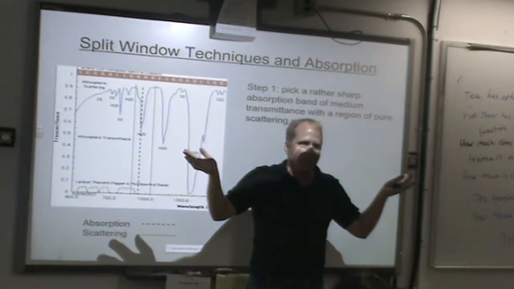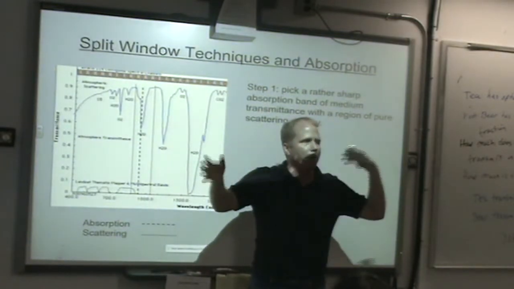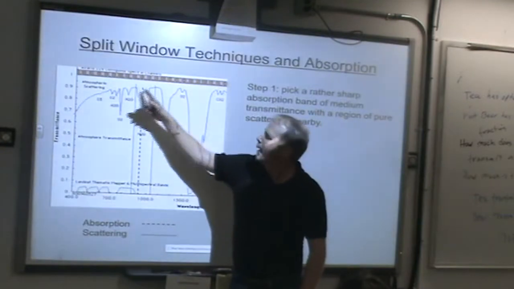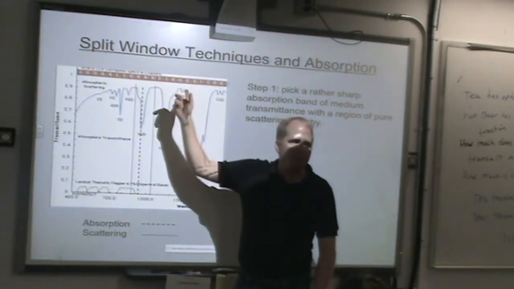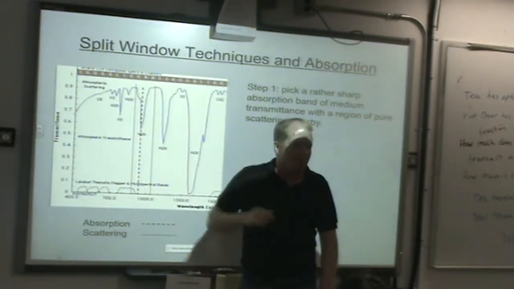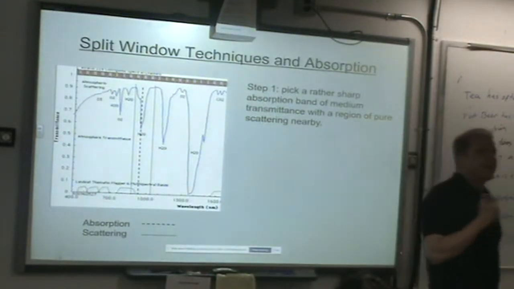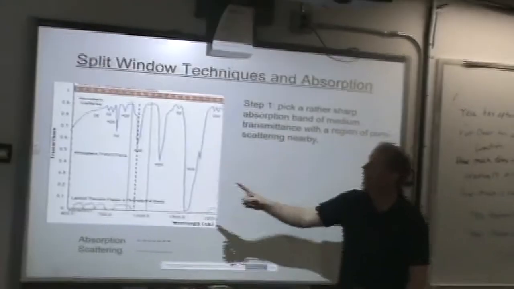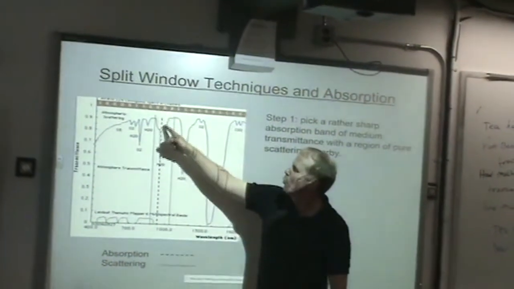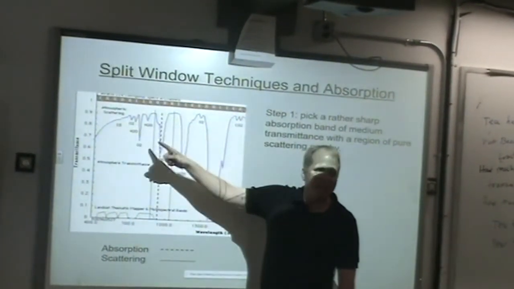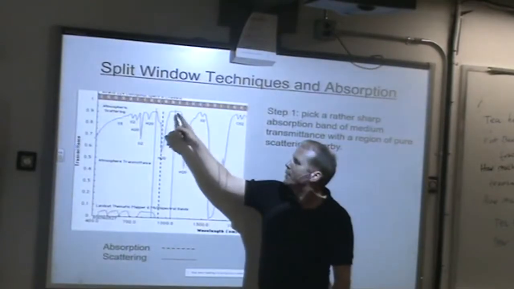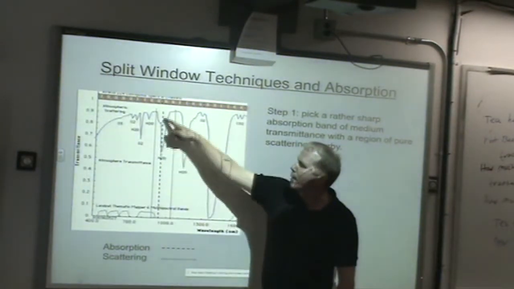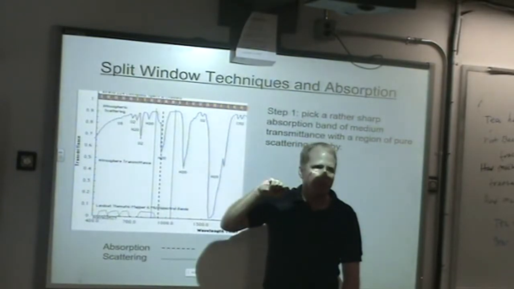If it's not a pure atmosphere, there are aerosols and pollution wandering around, and we may have an unknown amount of atmospheric scattering. So what we do is something called the split window technique. You measure very close to the absorption, and this is going to be your scattering. Once you know that, you can subtract out what's going on with the absorption.